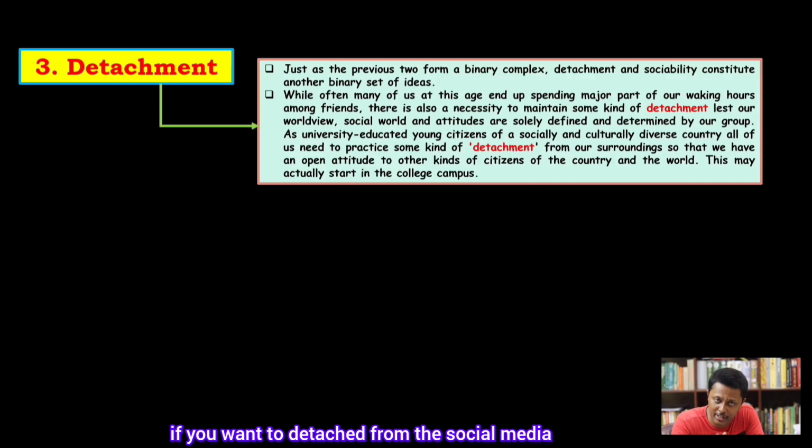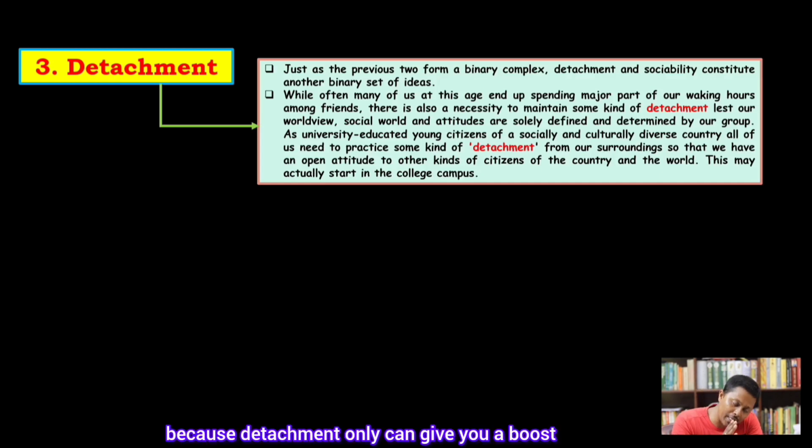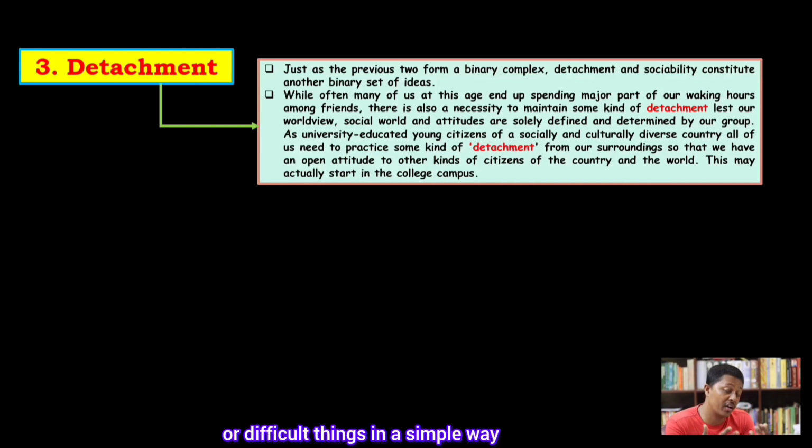If you do not detach from social media, from your friends, from situations that are emotionally disturbing or connected, you cannot understand what is exactly happening. So in order to have a better comprehension, in order to get better ideas into your head, you have to maintain this detachment, because detachment alone can give you a boost to understand better things in a better way, or difficult things in a simple way. So you need to practice this detachment, which, according to Goleman's list, is a positive side of emotion.